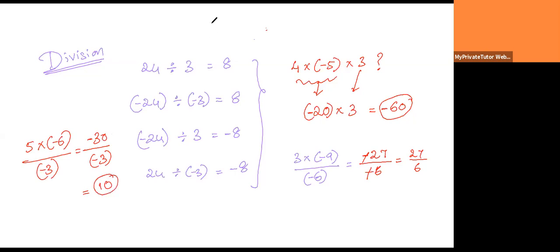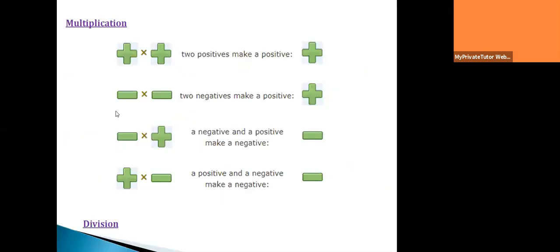Yeah. So that's all of the basic arithmetic operations: addition, subtraction, multiplication, and division. As you see, if you are multiplying two positive signs, we'll get the answer in positive. Two negative signs, answer in positive.